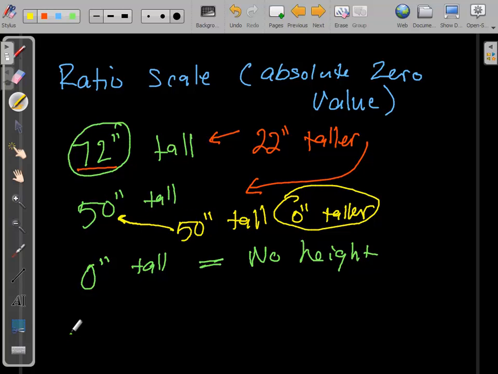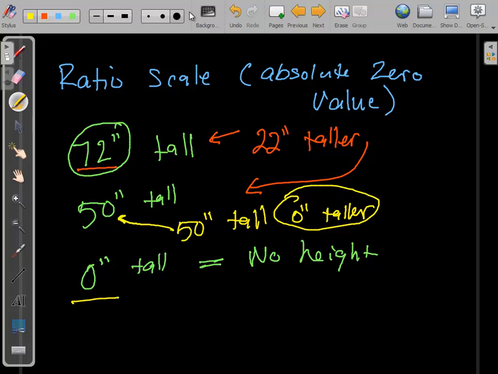But on the ratio scale, we have the ability to say that something does not possess a measurable quantity of whatever it is that we're looking at. So if we say that somebody is 0 inches tall, the absolute zero value corresponds to no height. Or if we say that something has a 0 weight, that means 0 pounds, for example, that means it has no weight at all. Okay, no measurable weight.